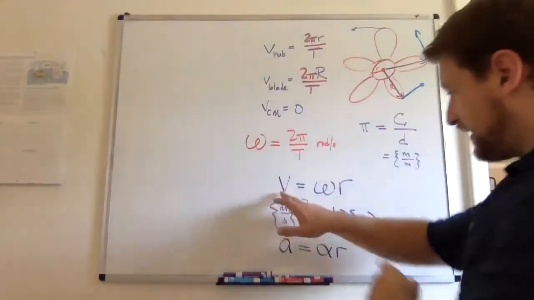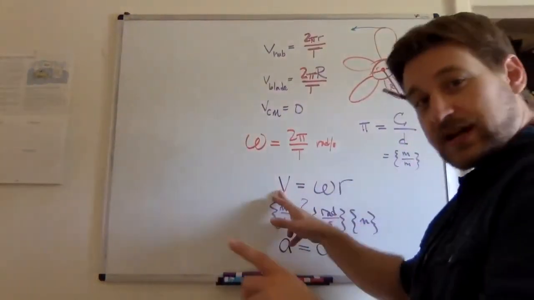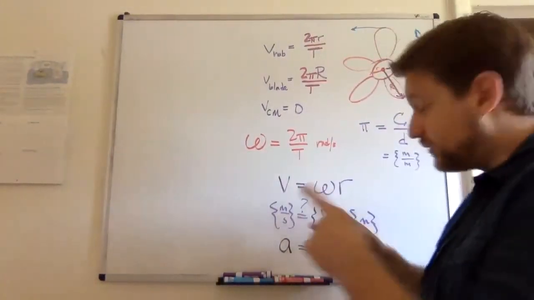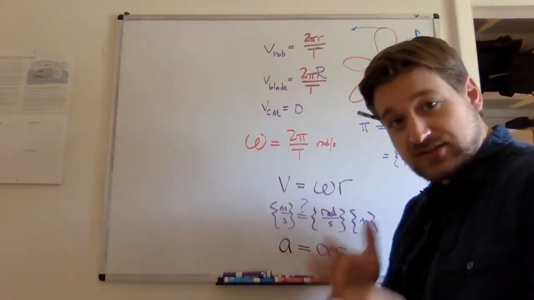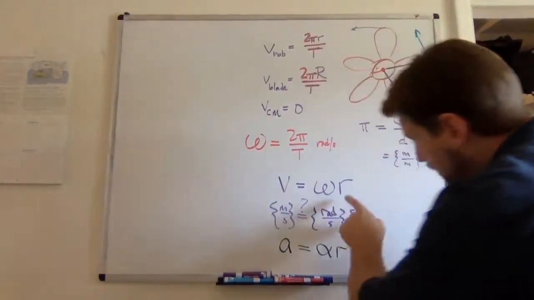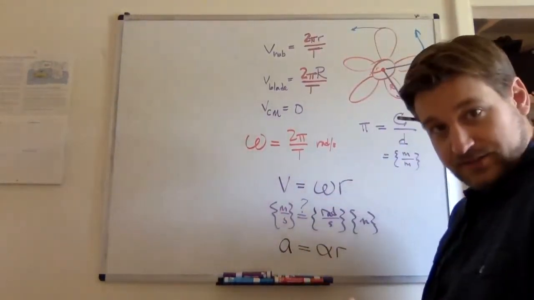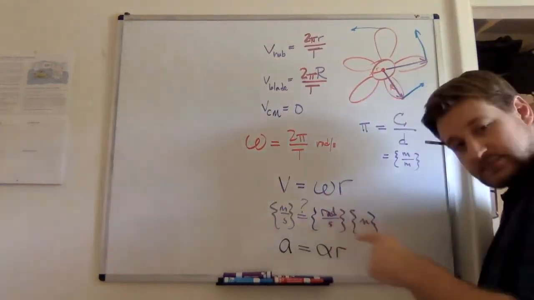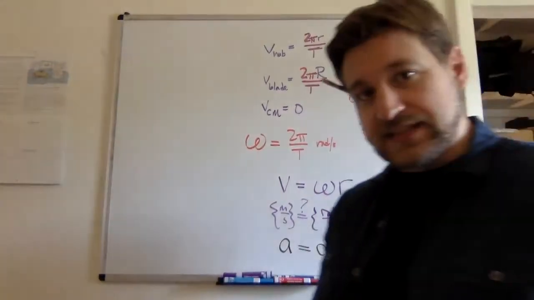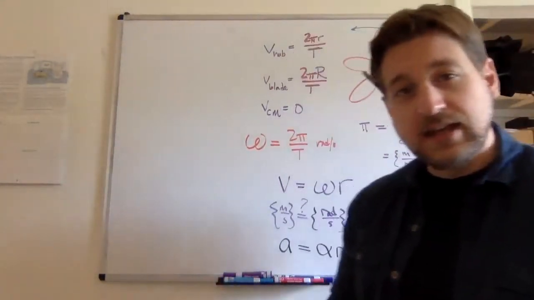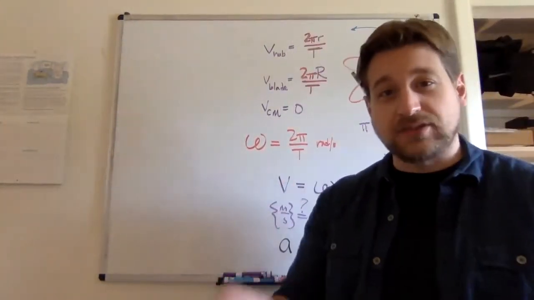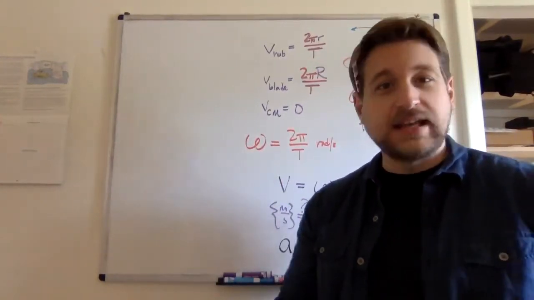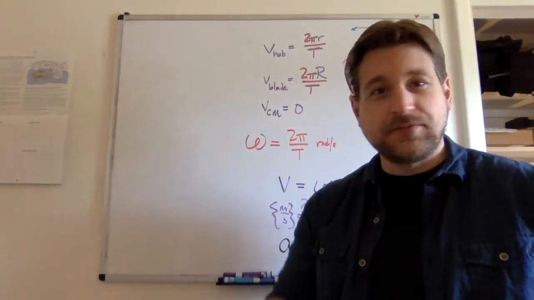The left-hand side is a vector that changes direction, right? If this equal sign is going to work, then we need the right-hand side to be a vector that changes direction. If r is scalar and omega is the vector, the angular velocity, what we liked about the fan, about this description of angular motion, is that it's the same for all the points.